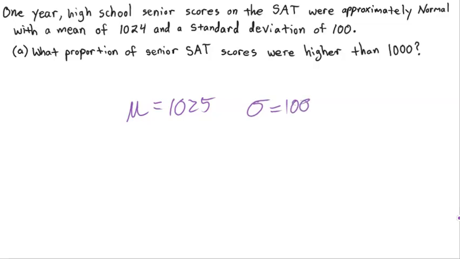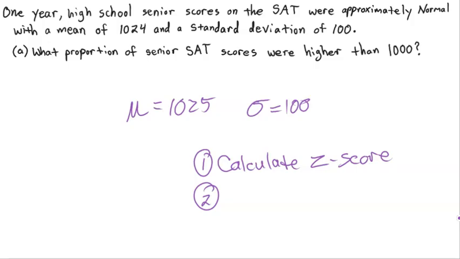And it says here, what proportion of senior SAT scores were higher than 1,000, okay? So what we have to do here is this: we don't know the z-scores. So step one in this, we have to calculate the z-score. That's the first thing we have to do. We need the z-score that goes along with 1,000.